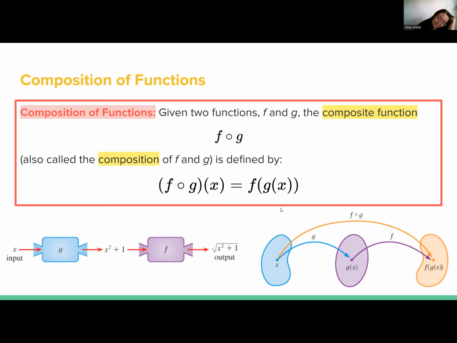So we're going to look at just a few different visuals for this. First, we have this visual over here. This kind of represents that machine idea. We talked about back when we learned about functions, we talked about the machine. We say that our function is kind of like a machine. We give it an input, it spits out an output. We also talked about that penny comparison.